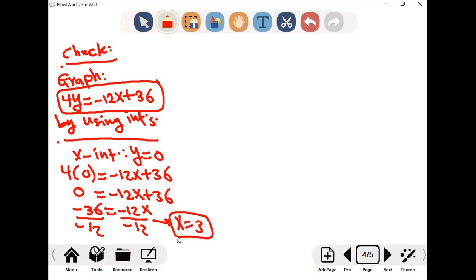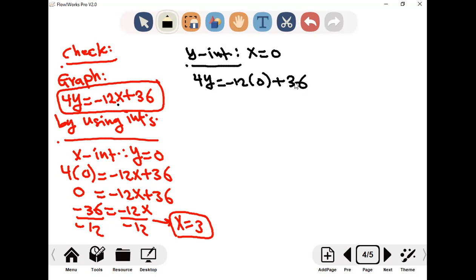Now I need to find the y-intercept. To find the y-intercept, put x equal 0 in the equation. Replace x by 0. 4y equal negative 12 multiply 0 plus 36. Negative 12 times 0 is 0, right?